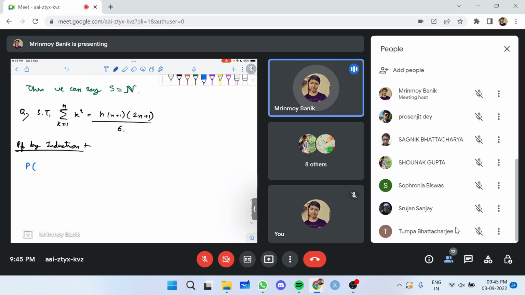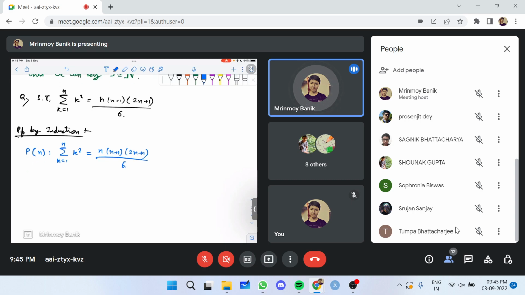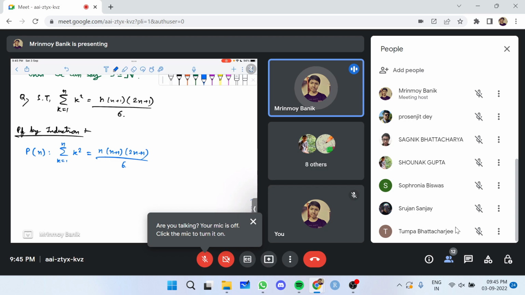We first define our induction statement. Pn says sum over k squared, k equals 1 through n, equals n into n plus 1 into 2n plus 1 by 6. We want to show Pn holds for all n naturals. That is, P1 is true, P2 is true, up till P infinity is true.